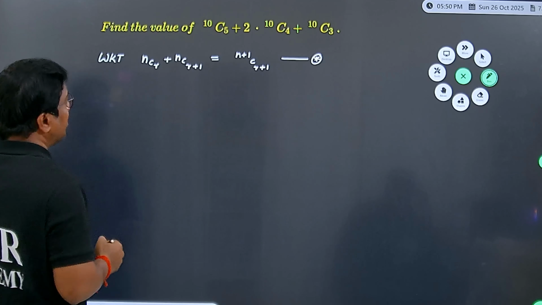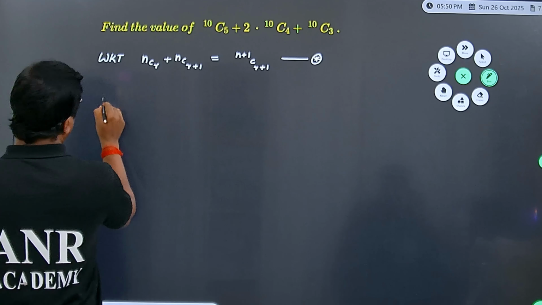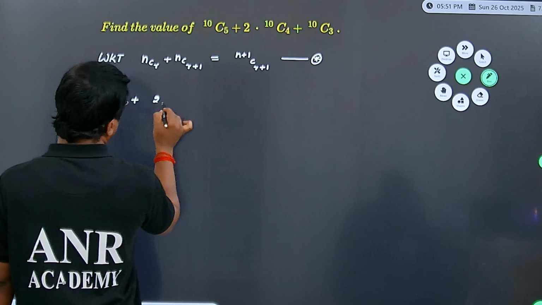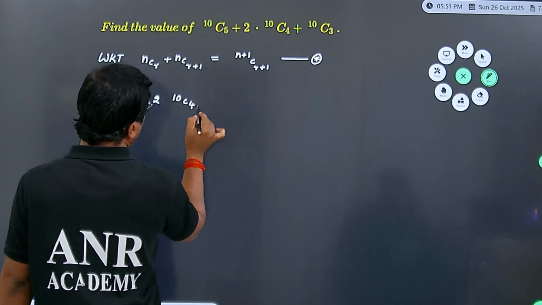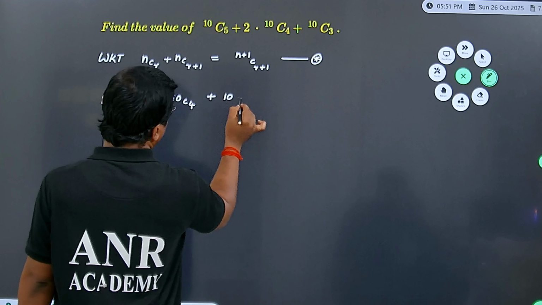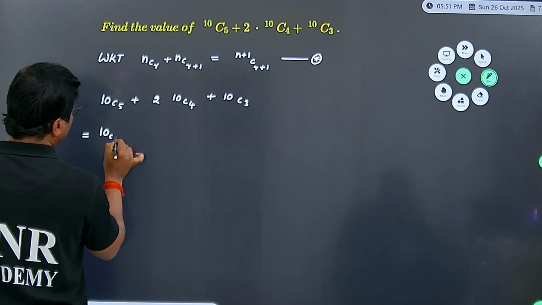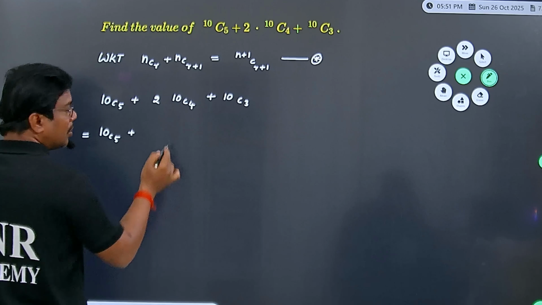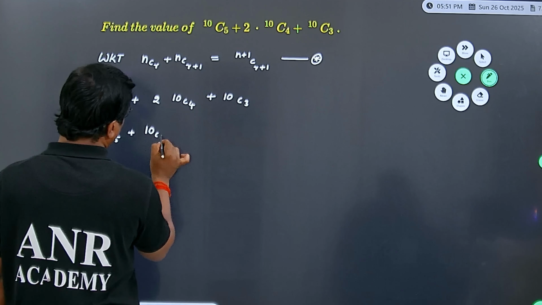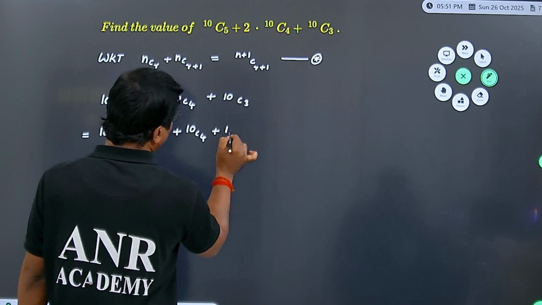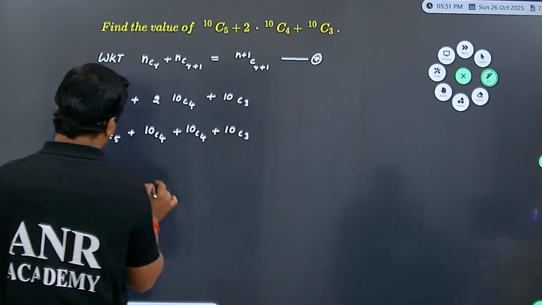You know this result. In the question, 10C5 plus 2 times 10C4 plus 10C3 is given. It can be rewritten as 10C5 plus 10C4 plus 10C4 plus 10C3.